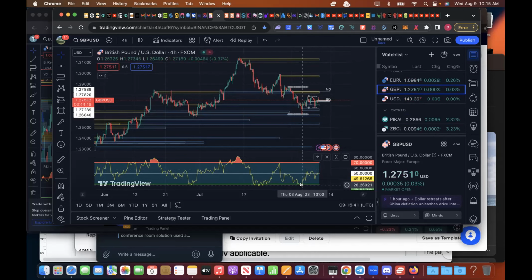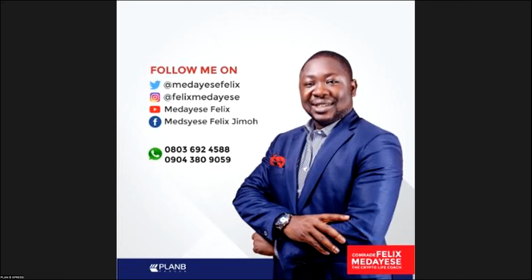I like taking from the base though, but this is still good because the gap from here to here is still much. So write it down. So what do we want to confirm? Let's even look at the indicator. What is it saying about GBP USD? So you can write it down, everybody.